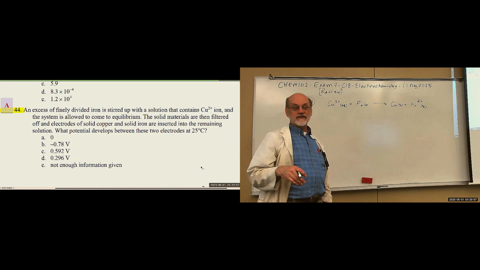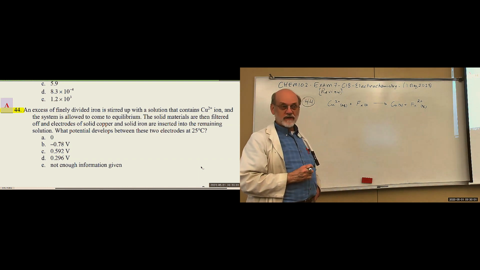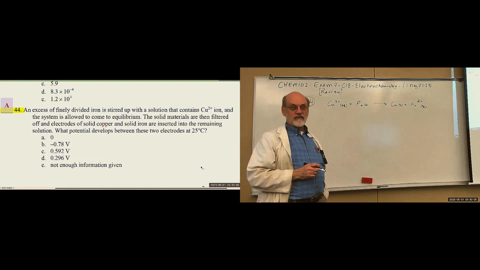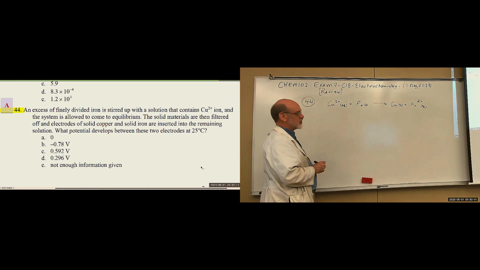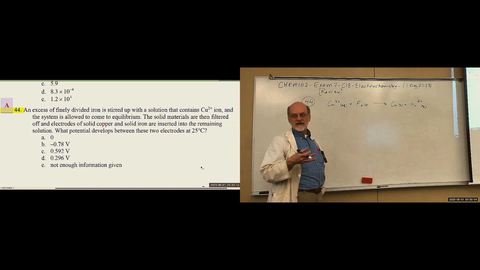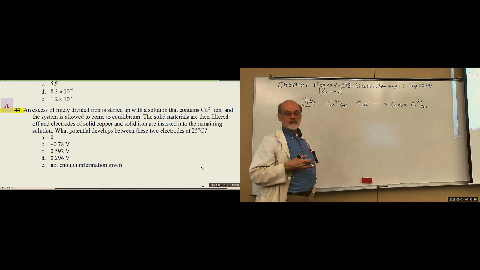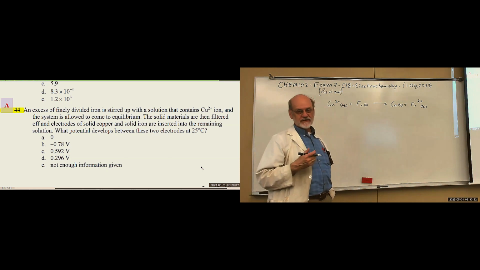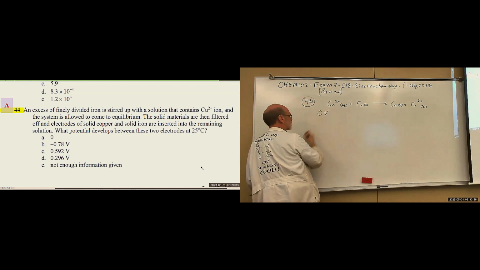The key word here is equilibrium. If that reaction goes to equilibrium, there is no electromotive force involved, right? If you let it go to equilibrium and use the same solution that's left over, you can't get electrons to move between the two electrodes anymore. Okay, so that's another trick question. Answer is 0 volts.